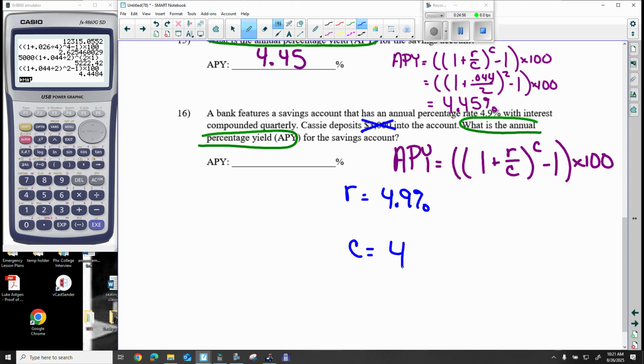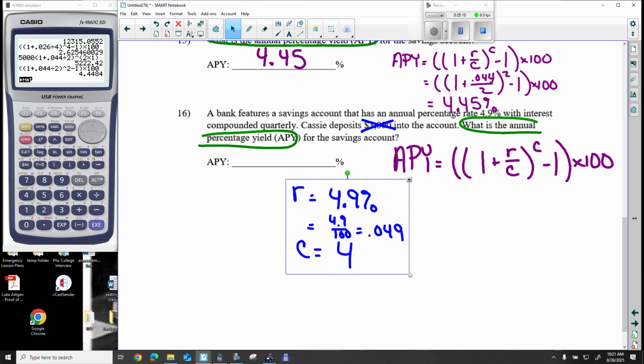Those are literally the only two things that you need to make this clock tick. But if you have those things, just go ahead and dump them in, and you will come up with an answer. So here we go.